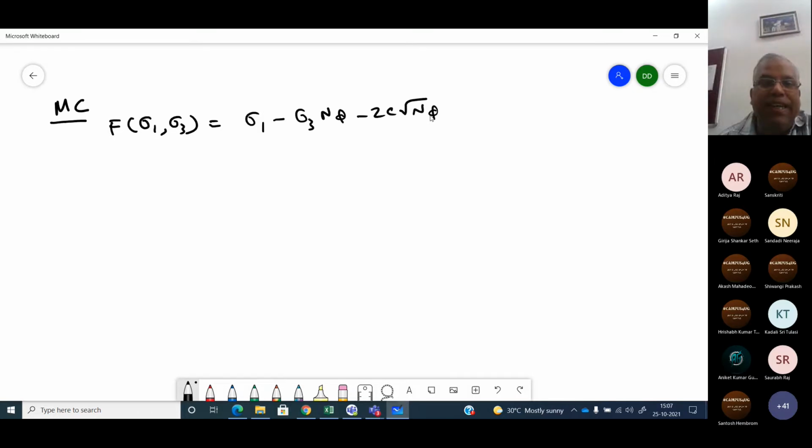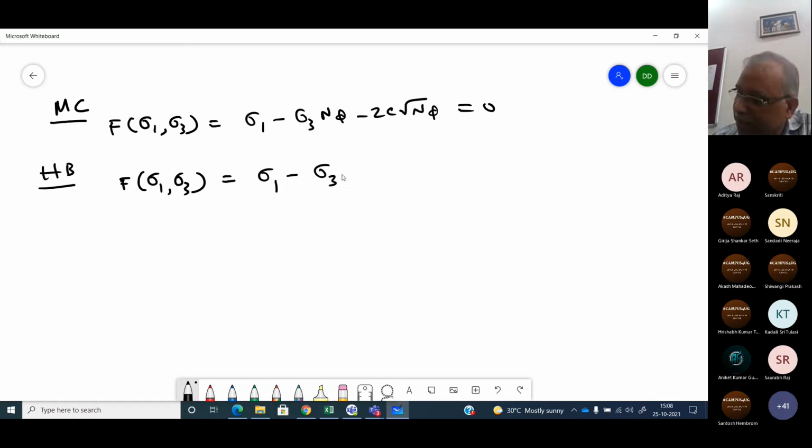And if I can write the Hoek and Brown, same function, this is 0, sigma 1 sigma 3 is sigma 1 minus sigma 3 minus sigma ci, mb sigma 3 by sigma ci plus s power a.